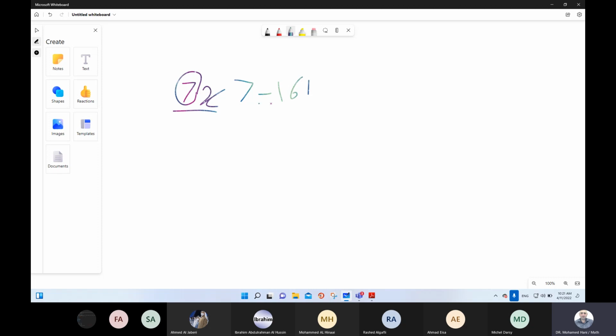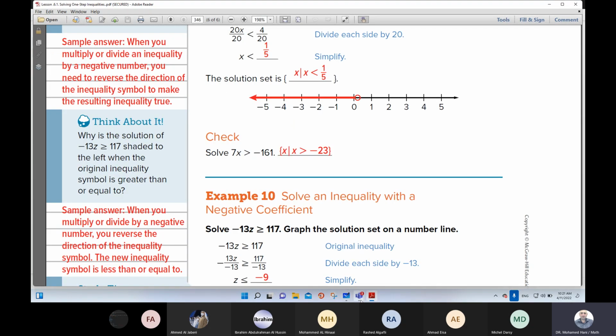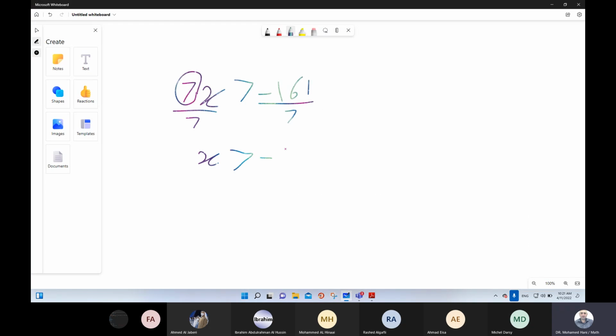You can divide the two sides by 7. 7x divided by 7 will be x greater than, negative divided by positive is negative, then 161 divided by 7 is 23. Then you can write the set of solution: x such that x is greater than negative 23.